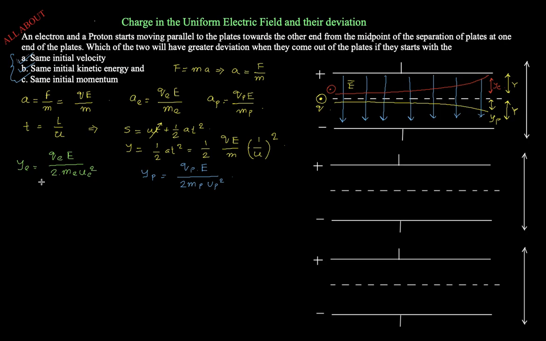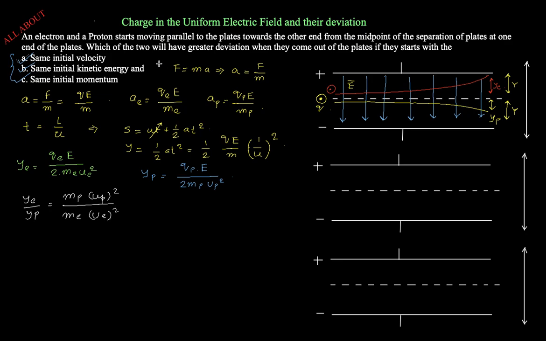Again we take the ratio between YE and YP. So YE by YP becomes MP into UP square by ME into UE square.